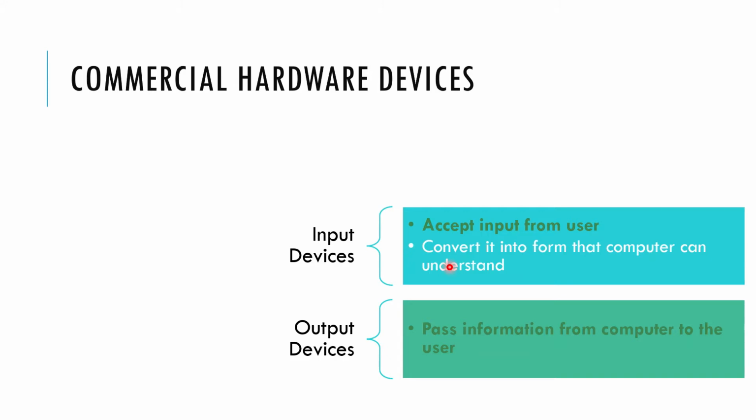Data is entered in raw format, which is converted into a language which the computer can understand. And what are output devices? Output devices pass information from the computer to the user.